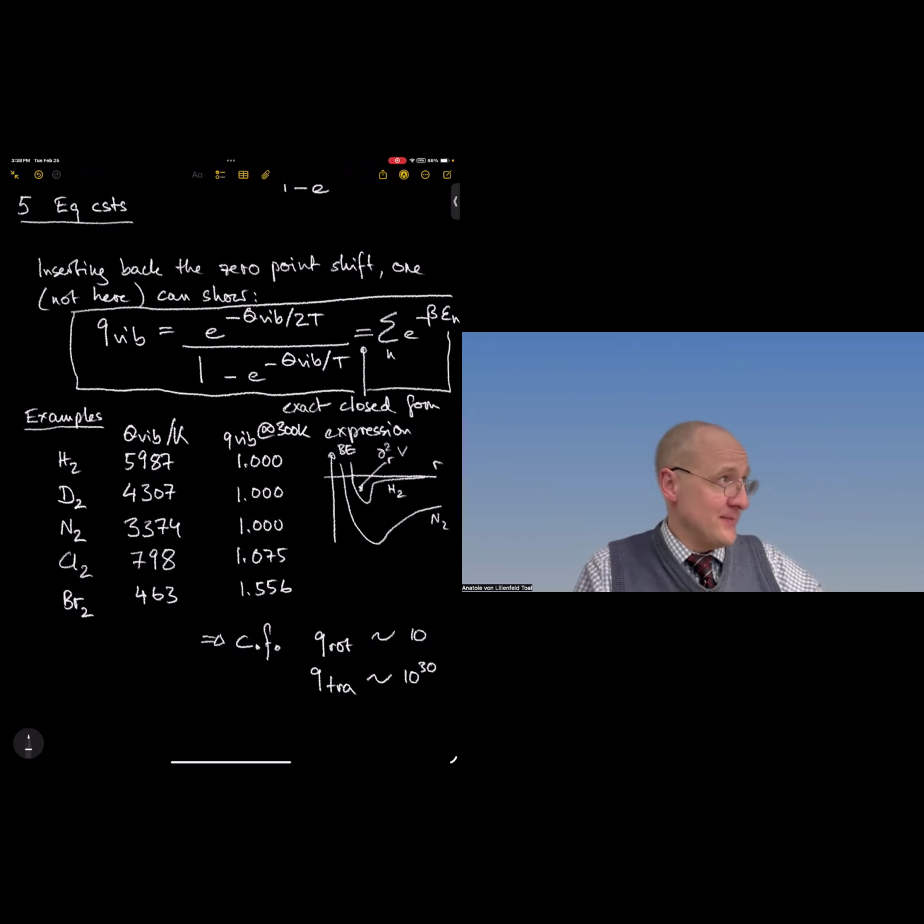Any questions so far? Yes, please. I don't understand where the term for the vibrational partition function for the numerator came from. So we didn't show this. You just have to take my word for it now, right?